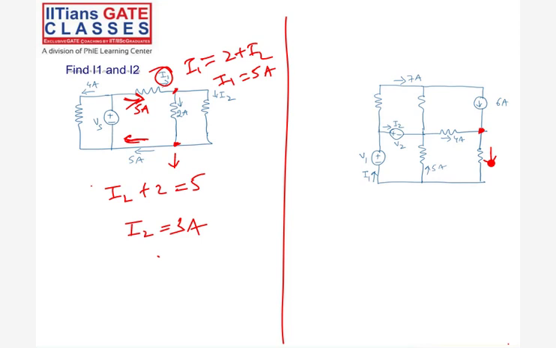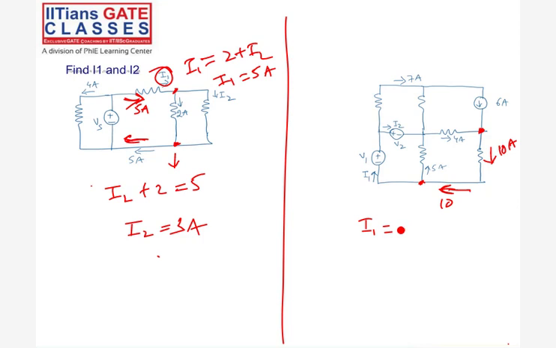And can you tell me what is I1 from the equation at this node? 10 amps is coming here, 5 amps is going this way, so I1 should be 10 minus 5 amperes. So I1 is 5 amperes.